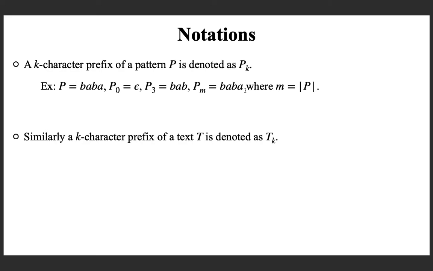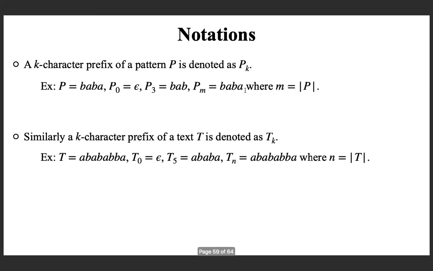Similarly, a k character prefix of a text T is denoted as Tk. Example, suppose the text is given as this string, and what is T0? T0 is the null string, and what is T5? T5 is you take from the left 5 symbols, ABABA, that is what you are getting.